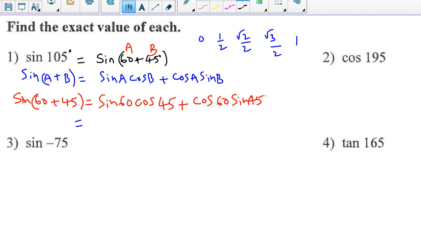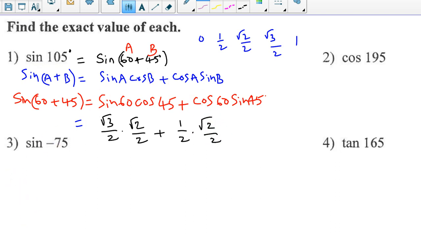So let me write down the sine 60 value. This one, square root of 3 over 2 times cosine 45, root 2 over 2, plus, now cosine 60, that will be 1/2 times sine 45, that is square root of 2 over 2.